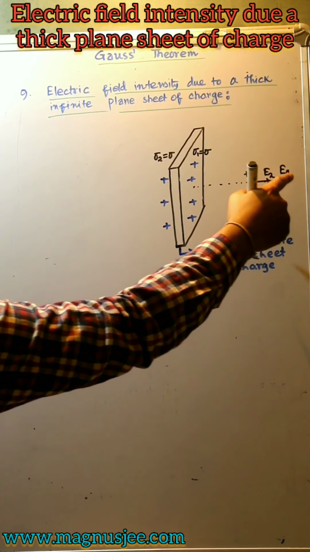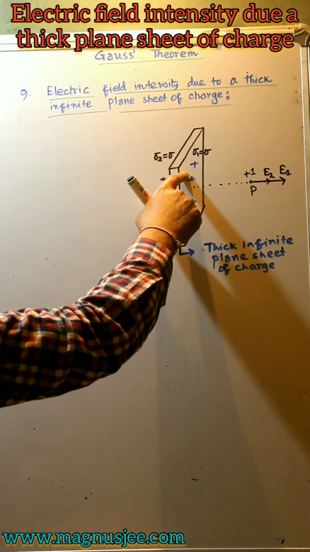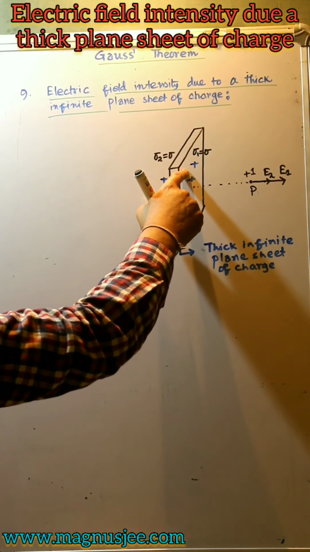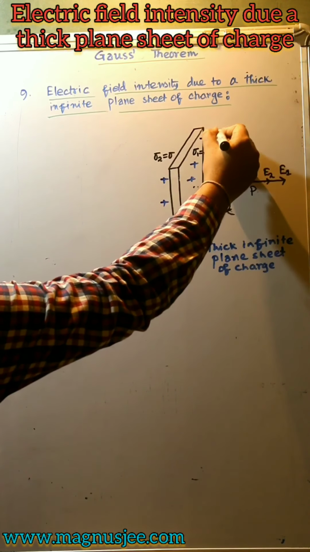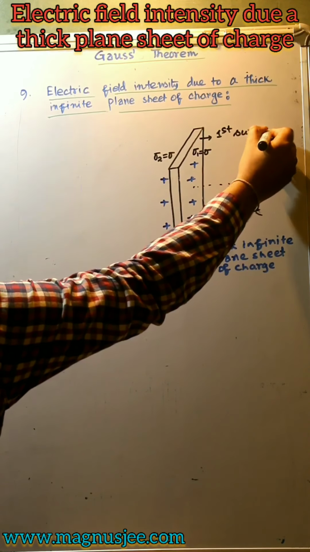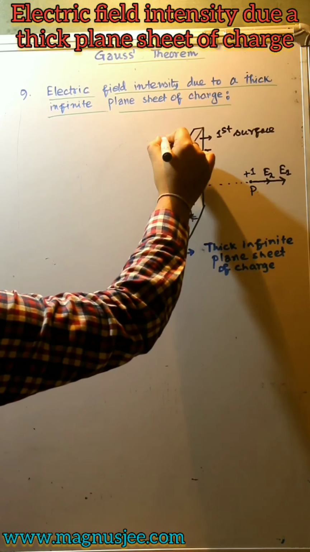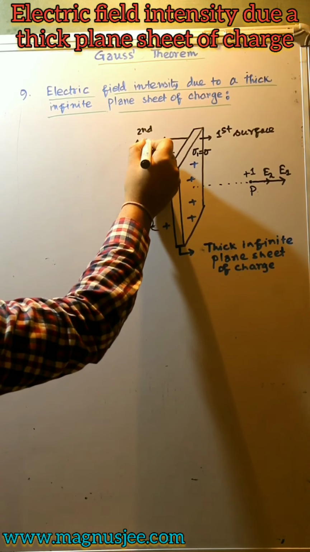E1 is the field intensity due to the charge on the first surface of this thick infinite plane sheet of charge. E2 is the field intensity due to the charge on the second surface. This is the first surface and this is the second surface of the plane sheet of charge.